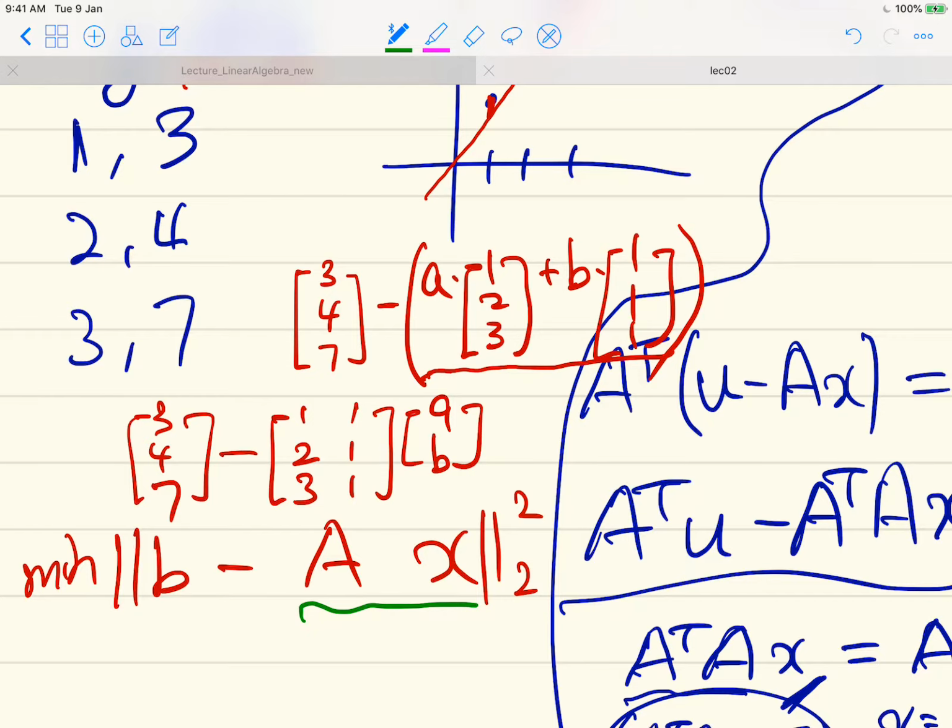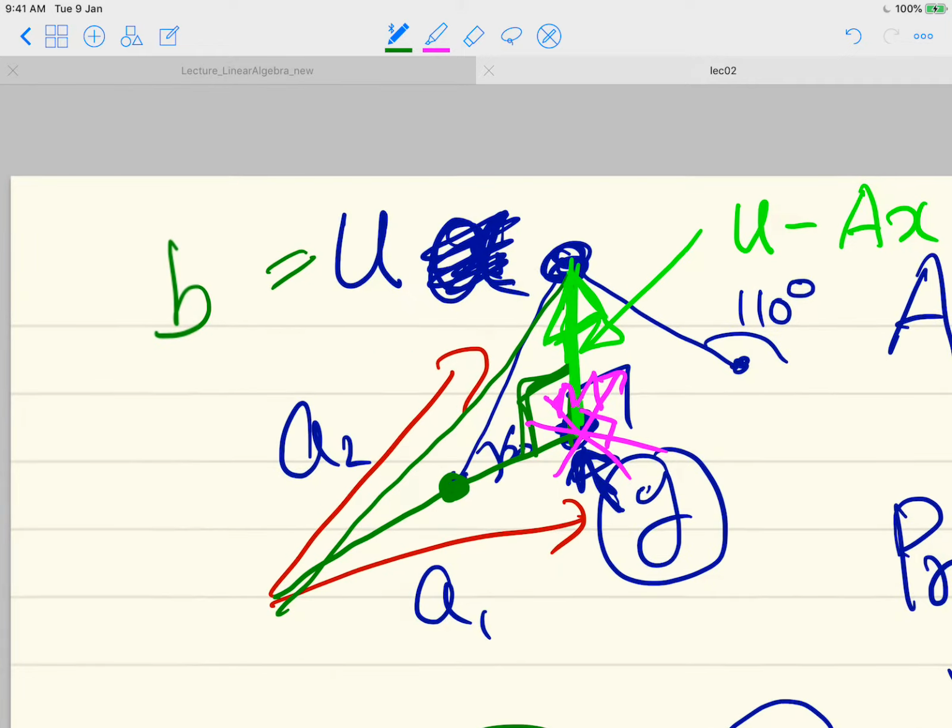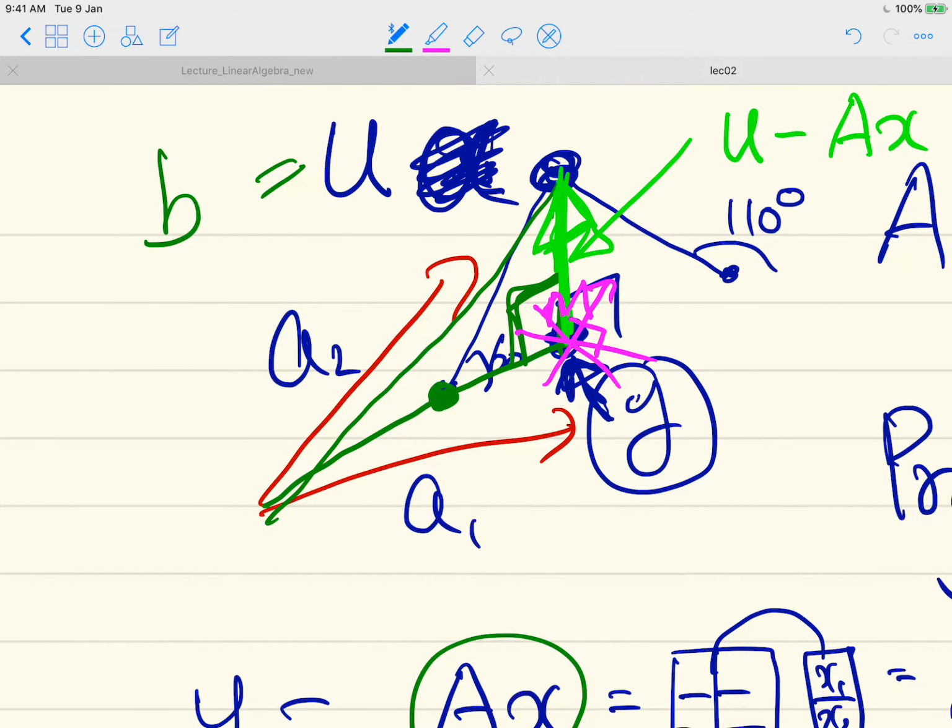So we are given the point U, which is outside of this plane, and we want to find some point on this plane, which is always represented as a linear combination of the columns of A, and thus A times X, which is our Y. But we want to minimize the vector length formed by the difference between that one and that one.